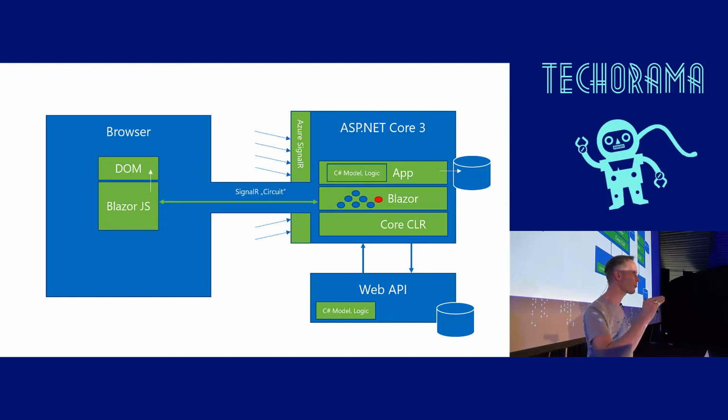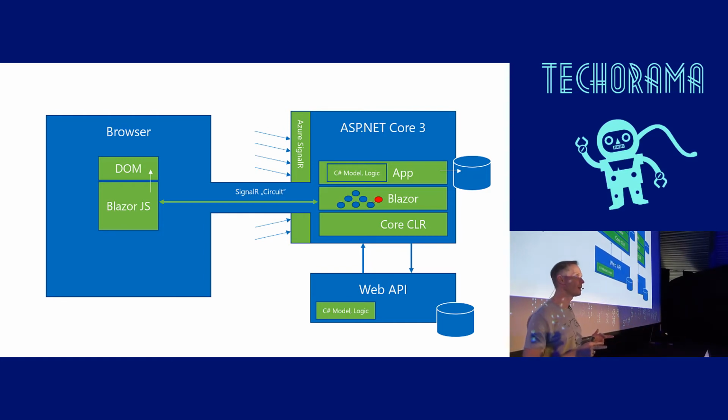They are on .NET Core 3, so you can use .NET Standard 2.1, the latest version of .NET, the latest version of .NET Standard, and the latest version of C# 8. You are not limited by any of the limitations that Blazor on the client in WebAssembly gives you, so you are not limited to .NET Standard 2.0. Important thing. I know it will go away, probably in a few months, but still, it is a limitation as of today.